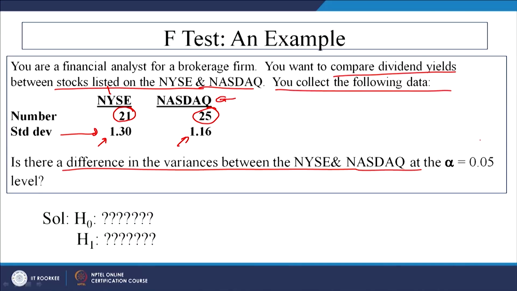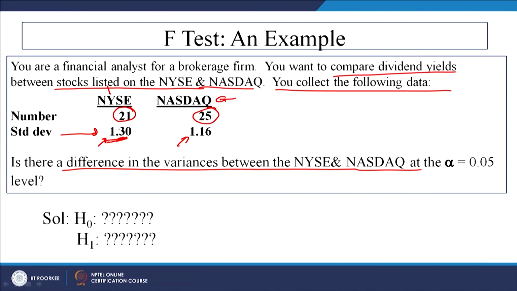It means that the variances of these two stocks are one and the same, there is no difference in variances. However, if you look at the standard deviation, you may think that the variance of this would be higher. No, it is not like that. Statistically, these two variances are exactly the same, there is no difference.